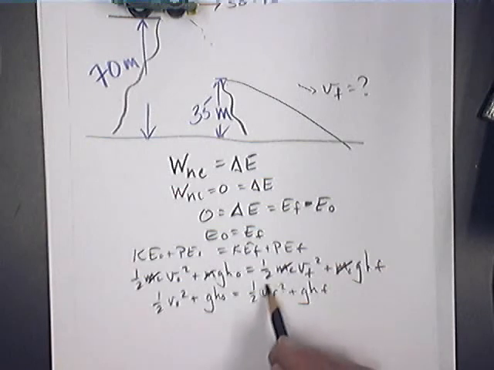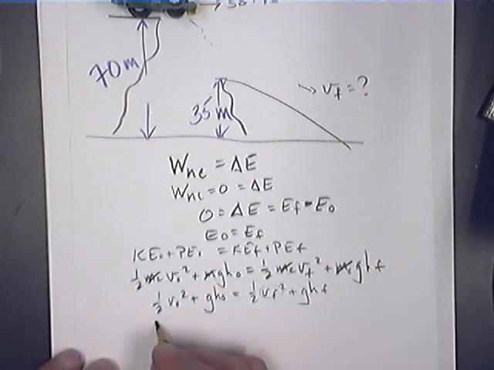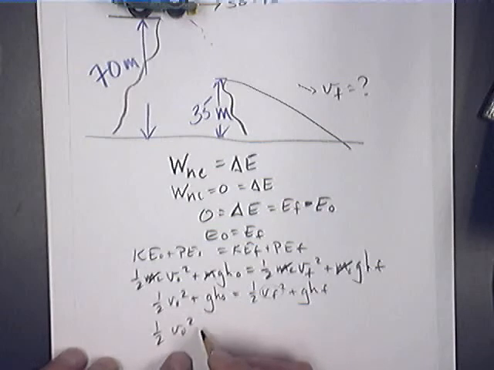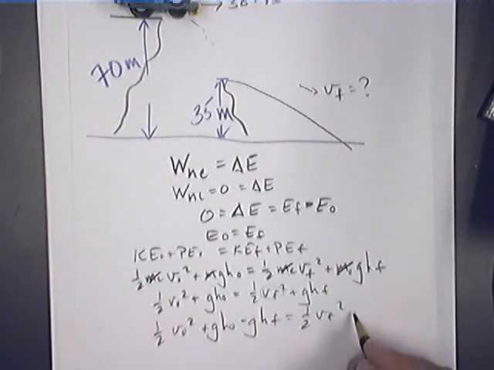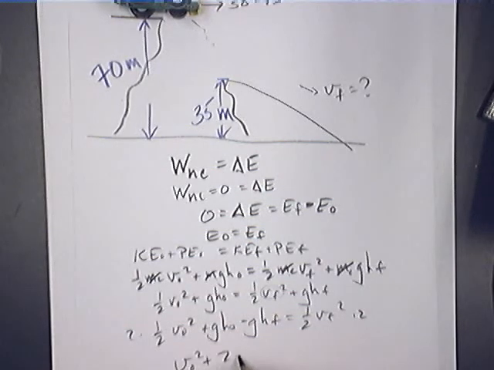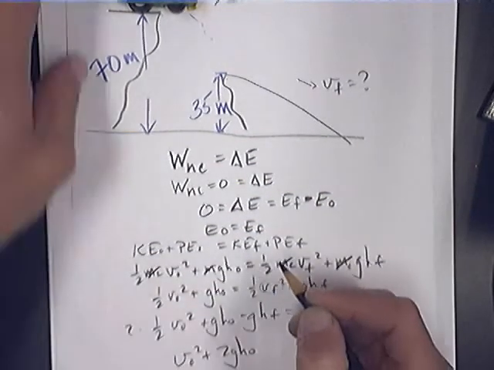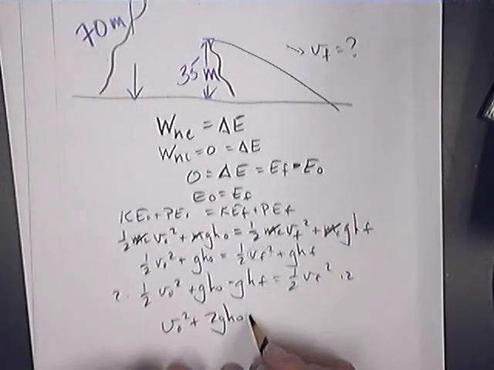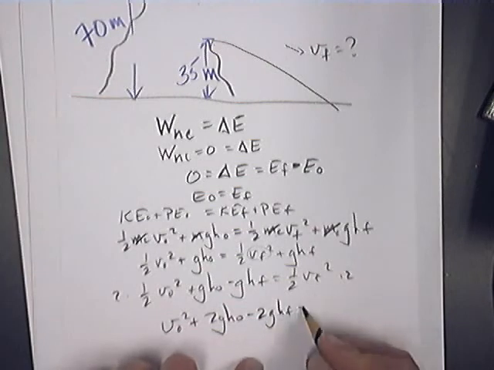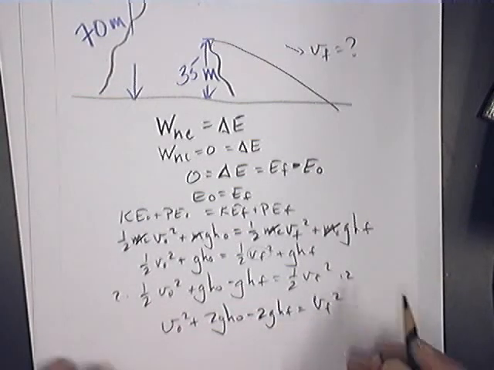I'm trying to find out what my v final is. Pull this over here: 1/2 v initial squared plus gh initial minus gh final equals 1/2 vf squared. Times 2, so I end up with v initial squared plus 2gh initial, minus 2gh final, equals v final squared.